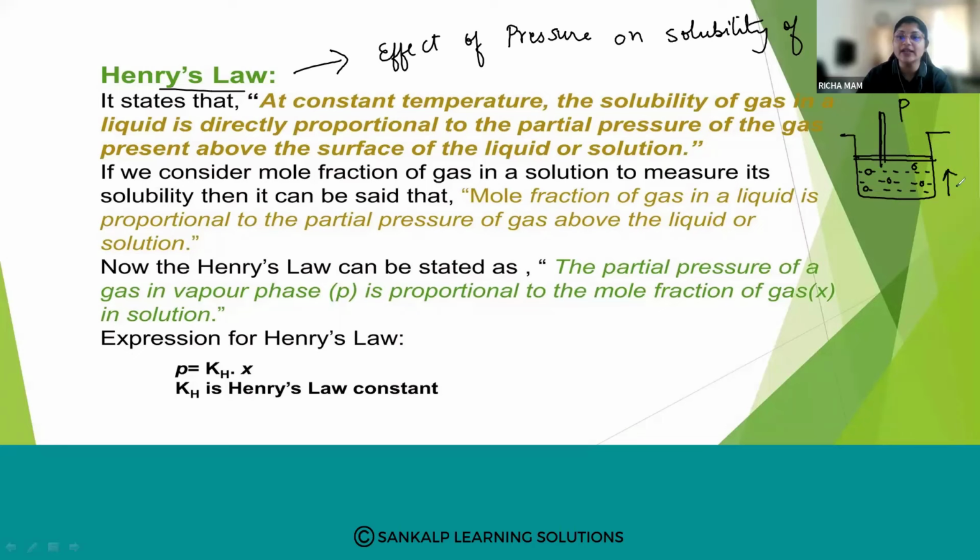The solubility will increase. As you increase the pressure on the beaker containing the liquid and the gas, the solubility also increases, as we know that partial pressure is directly proportional to the solubility of the gas.